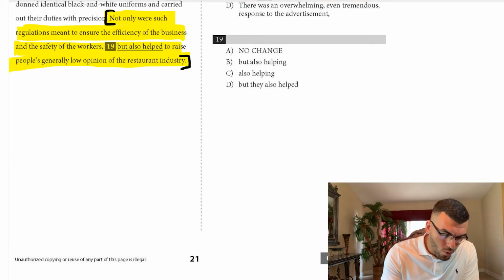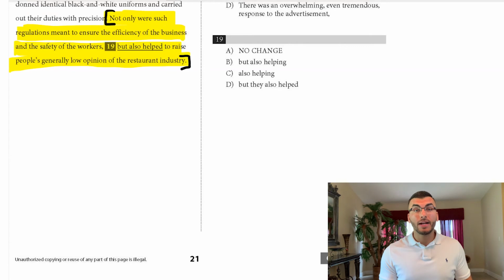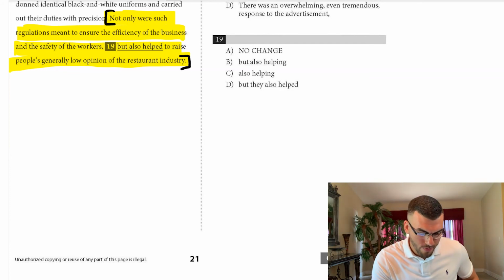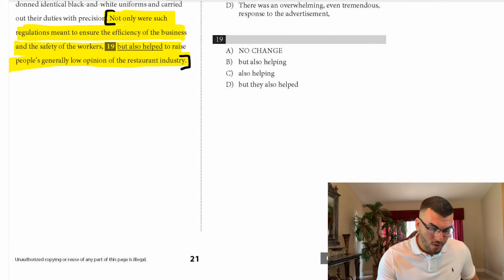Okay, so what's the next thing we do? We put brackets around the sentence. Now what do we do? We got to compare what's changing in the answer choices. So we have also helped, also helping, helping, and helped. So it looks like the verbs are changing.